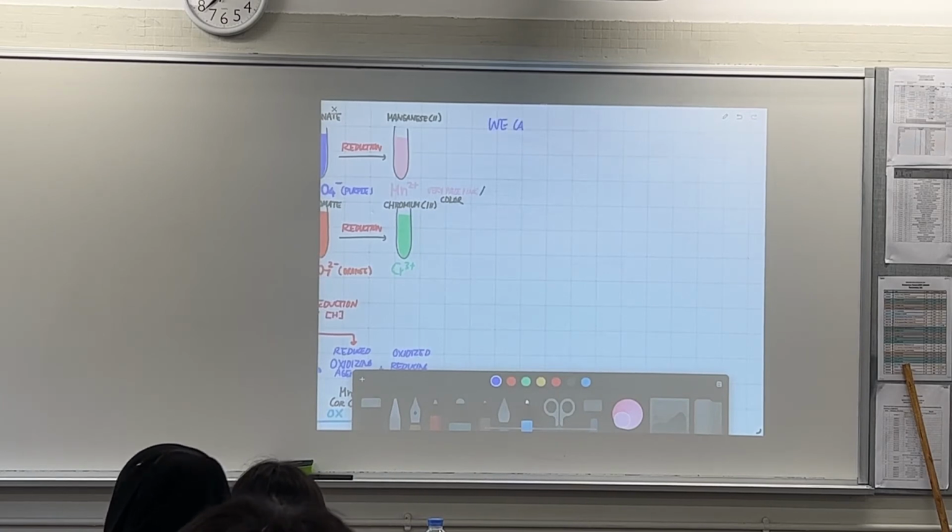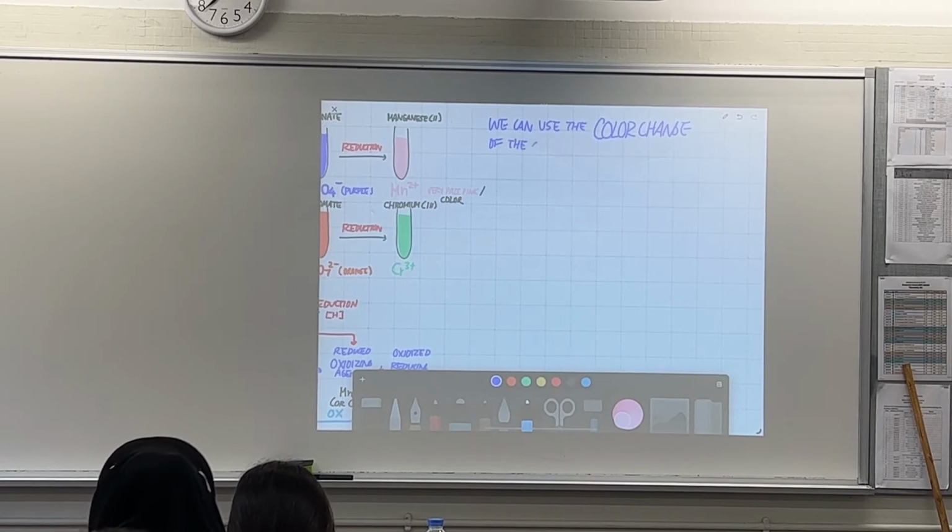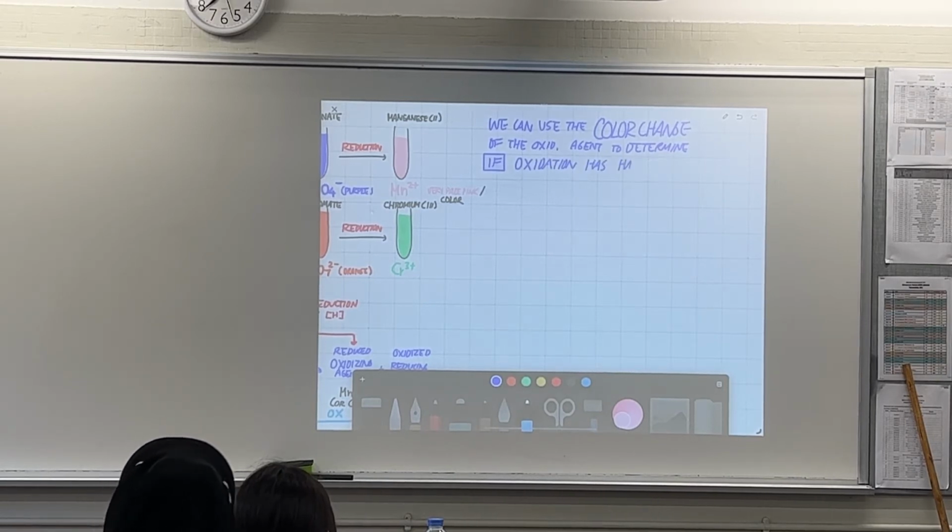Yeah, so on the right, can you put down a very important title? We can use the color change of the oxidizing agent to determine if oxidation has happened. Okay, let me show you the logic. If oxidation has happened, the oxidizing agent will be reduced.